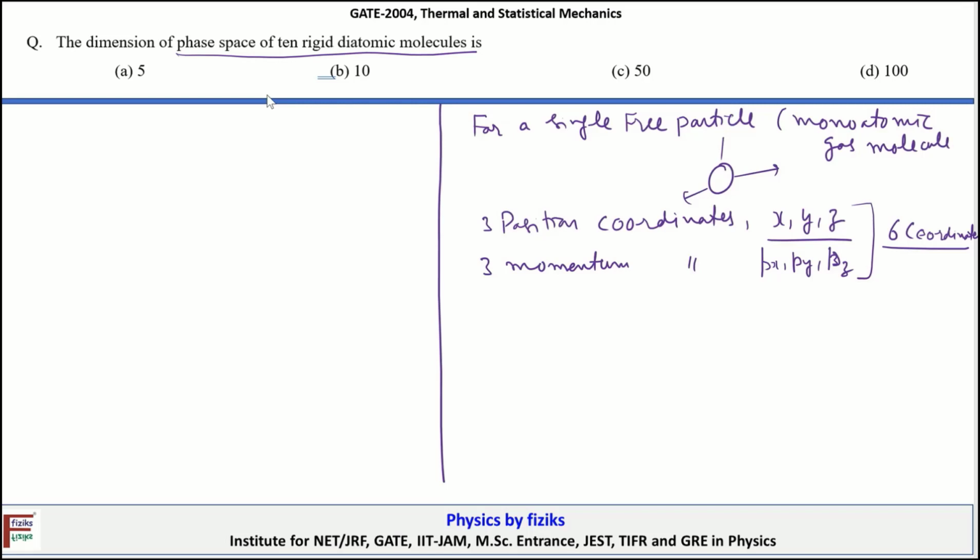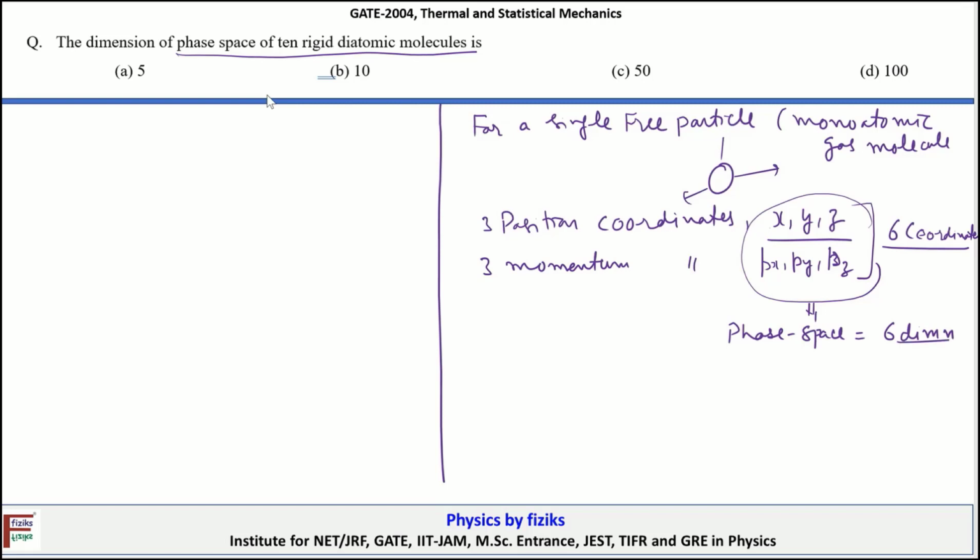When you club these position coordinates with the momentum coordinates, the space that we obtain we call the phase space. It is a phase space, and for one single particle it is 6-dimensional.